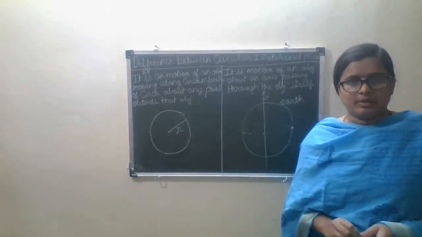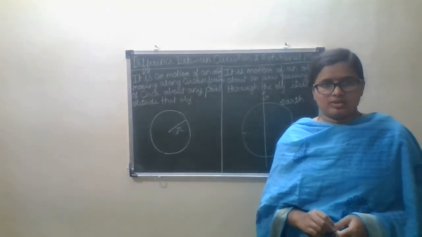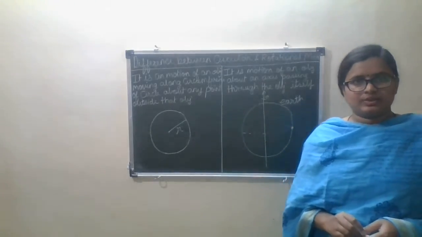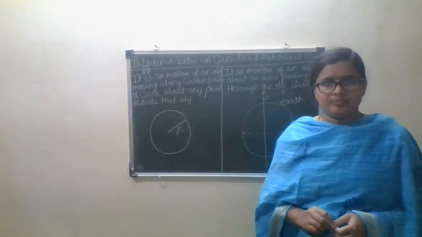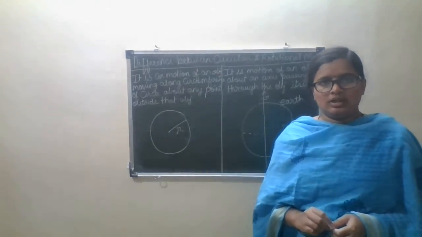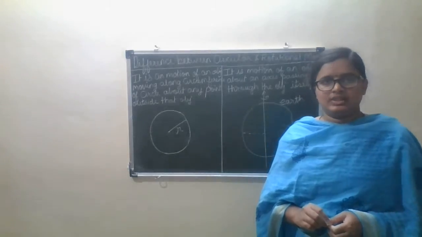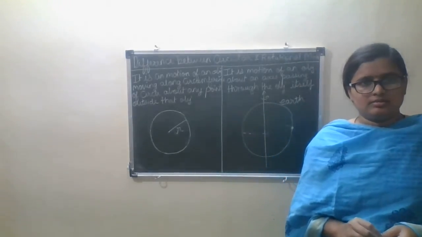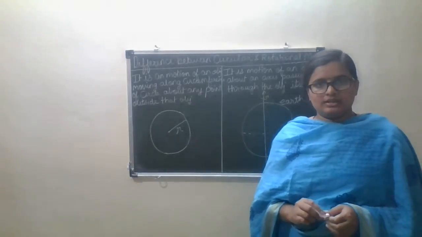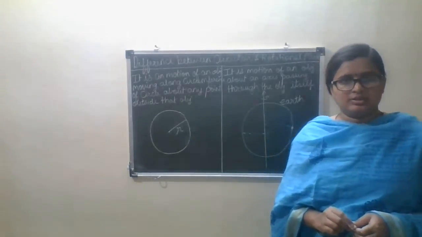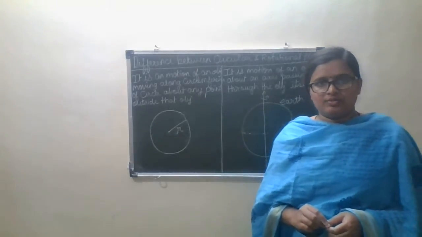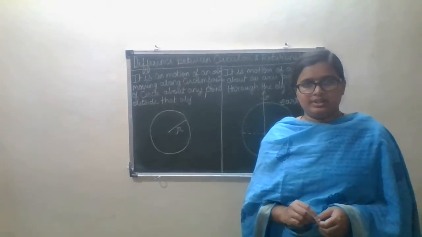In circular motion, the particle is moving along the circumference of a circle, considering the center as a center, and the object is far away from the point of the radius.